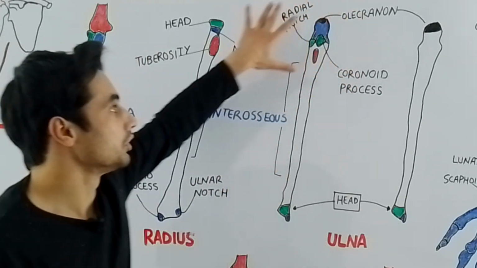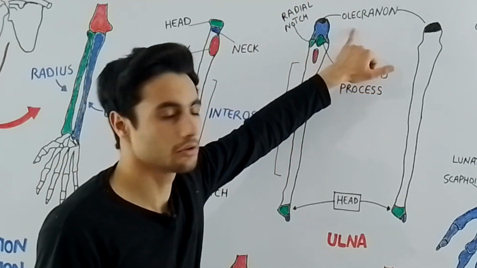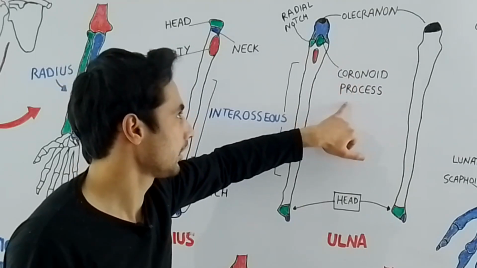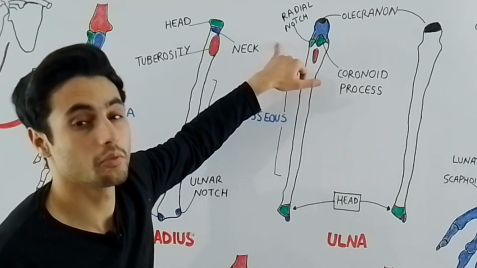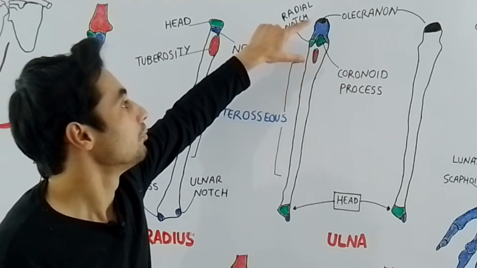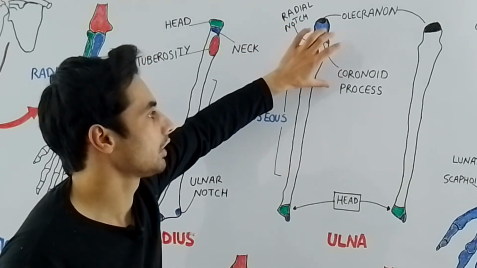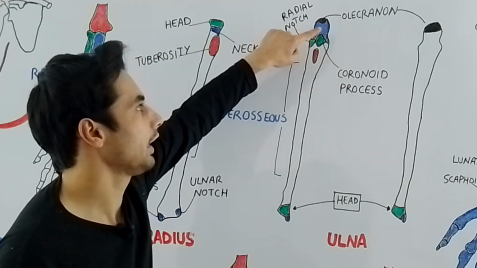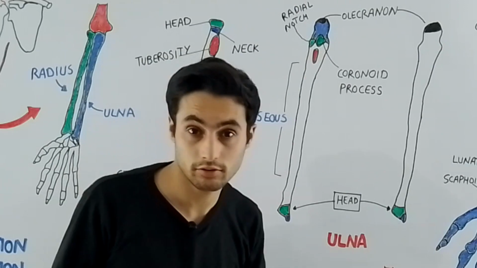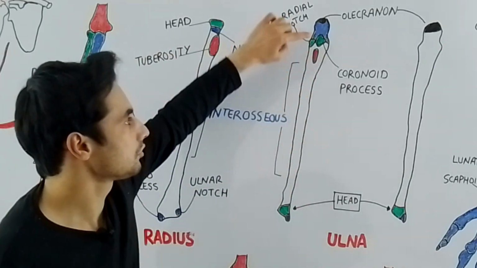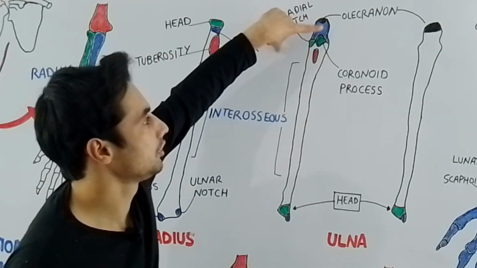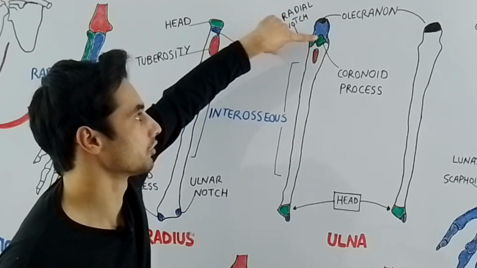The proximal region consists of the olecranon process, the coronoid process, and the radial notch. Between the olecranon process and the coronoid process, we have a notch which is known as the trochlear notch. This trochlear notch will articulate with the humerus bone.